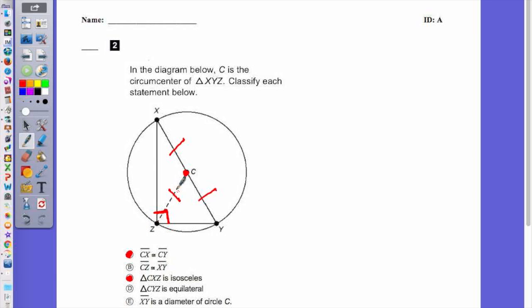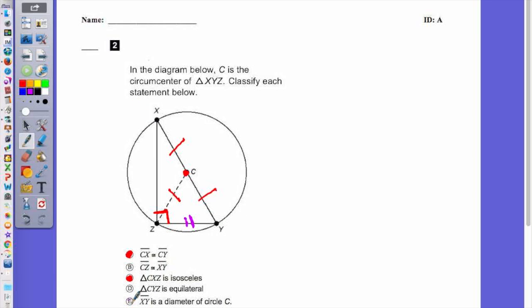How would you prove that it's not equilateral? Okay, so in this case, this to here, the radius is basically going to be longer than that. Does that make sense? Okay? So that's not congruent to that. So CYZ is not an equilateral triangle.